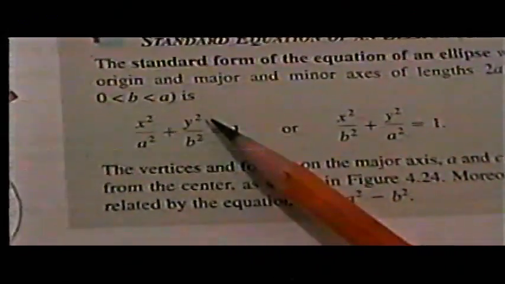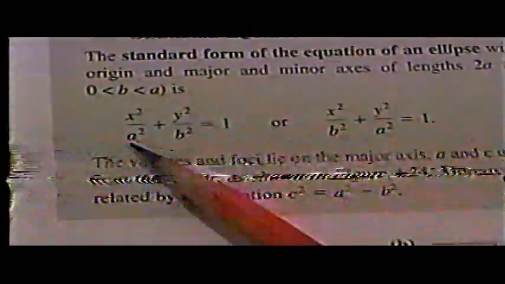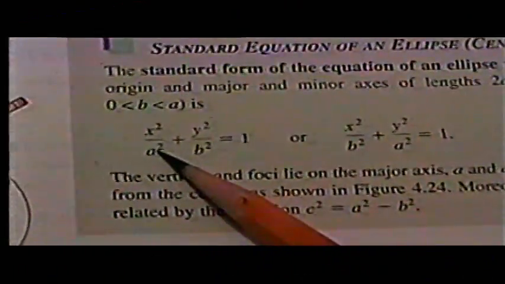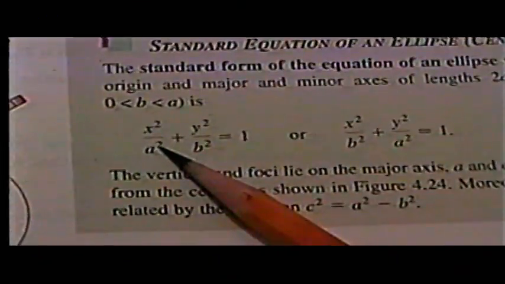So you have two forms of the standard equation, as you can see there. x squared over a squared plus y squared over b squared equals 1. Now in this case, the longer axis is under x squared because a represents the radius of the major axis.